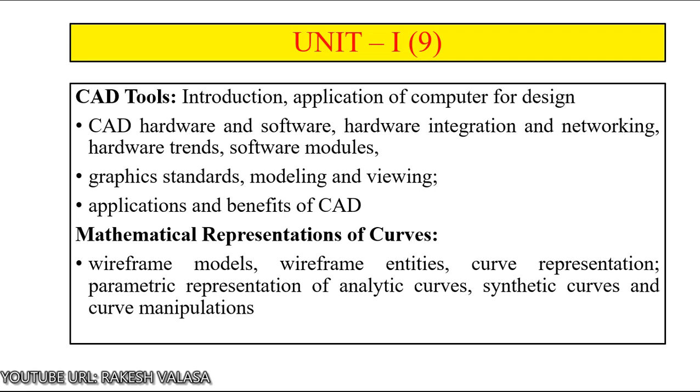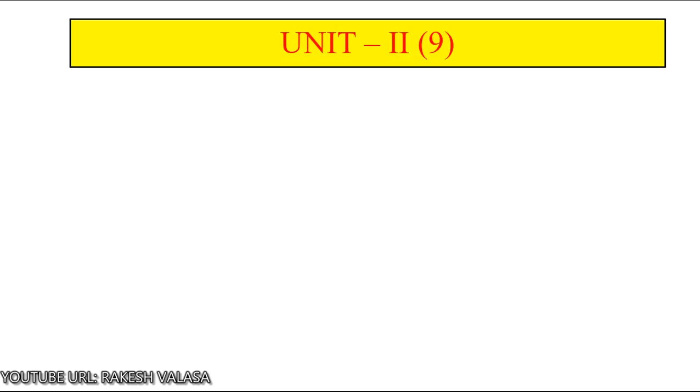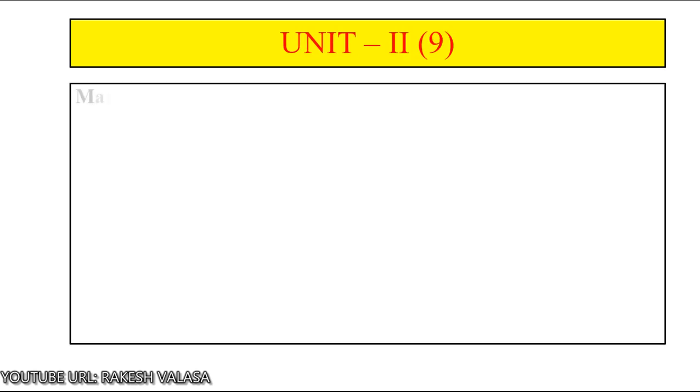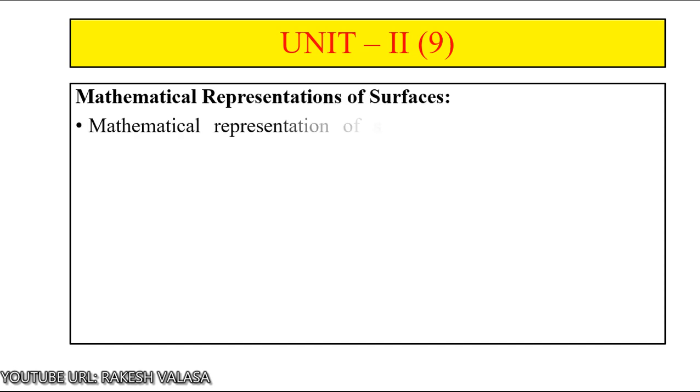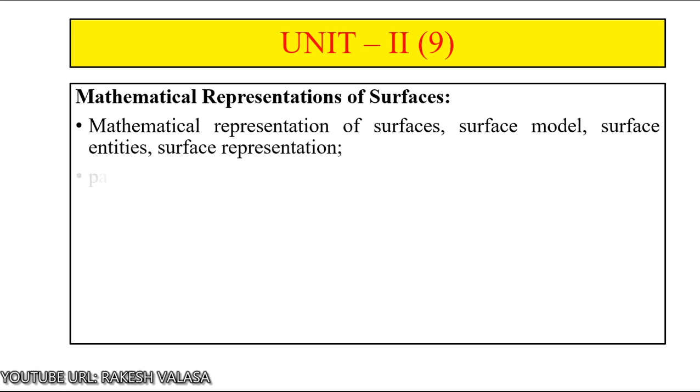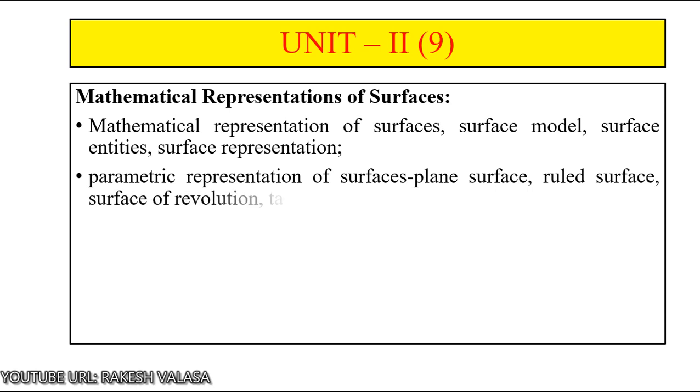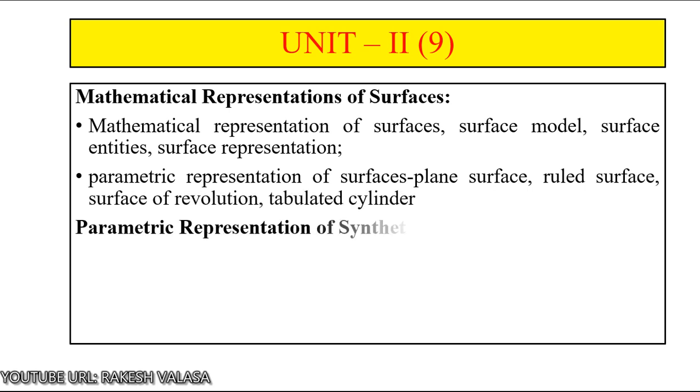and curve manipulations. In the second unit we will discuss mathematical representation of surfaces, surface model, surface entities, surface representation, parametric representation of surfaces, plane surface, ruled surface, surface of revolution, tabulated cylinder. In this second chapter, we will discuss parametric representation of synthetic surfaces.